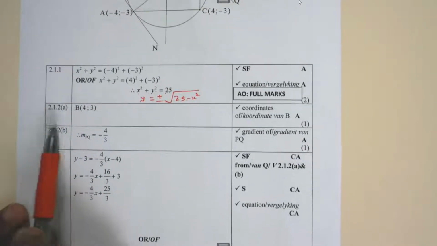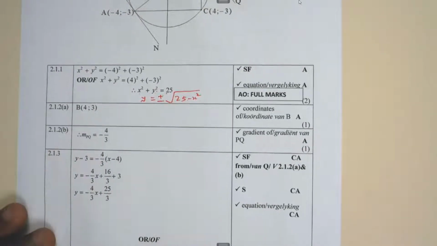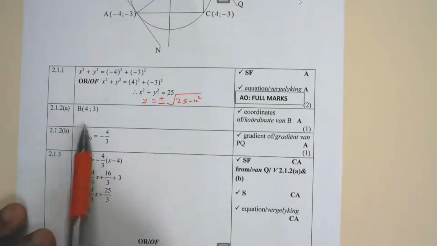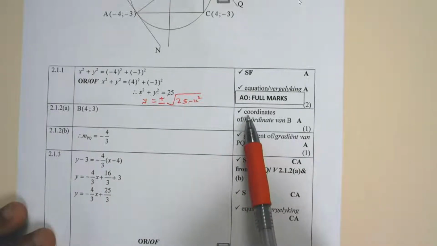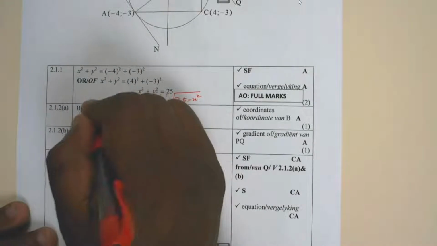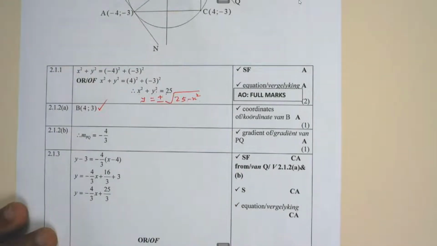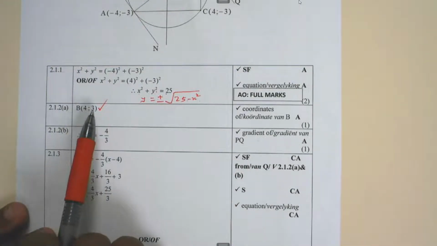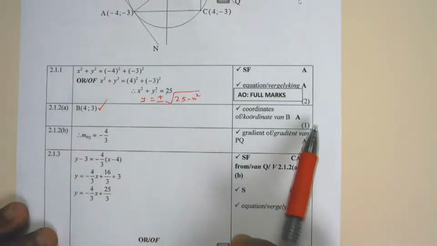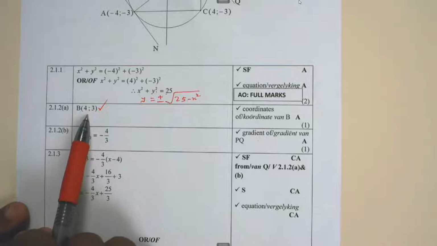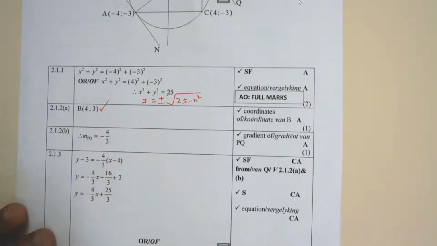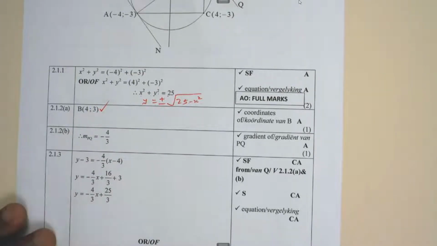And now as we move on, 2.1.2a, the coordinates of B, only 1 mark, colleagues. And this 1 mark is for coordinates. You can't expect any answer except 4 and 3, and this is an accuracy mark. This is the only answer expected from our learners. And now 2.1.2b, you find the gradient of PQ.